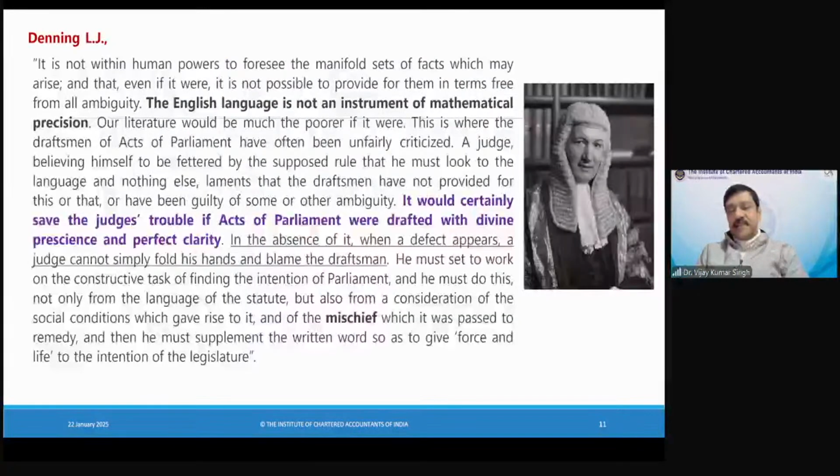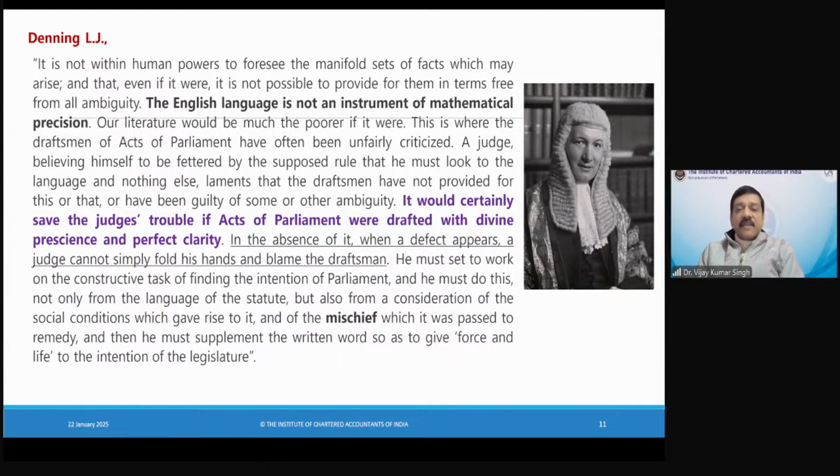Lord Denning, that is Justice Denning, talked about this, and this quote I had discussed before, but one thing very clearly Lord Denning said is that wherever there is a requirement of interpretation by the judges, they cannot just keep their hands folded and say, okay, now it is not workable, we cannot do anything. They have to find a way of interpreting the provisions and giving justice to people. And this is where he said that the role of judges comes into the picture.